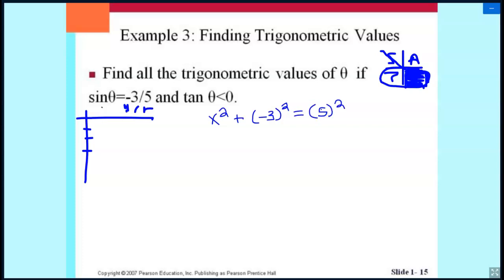So I have x squared plus y squared equals r squared. The radius we don't give the negative value to because a radius length can't be negative. So if you have a negative on your sine, cosine, tan, etc., it never goes to the r.